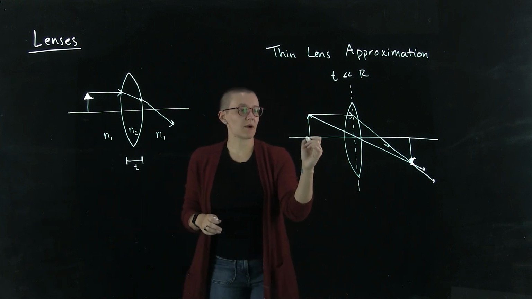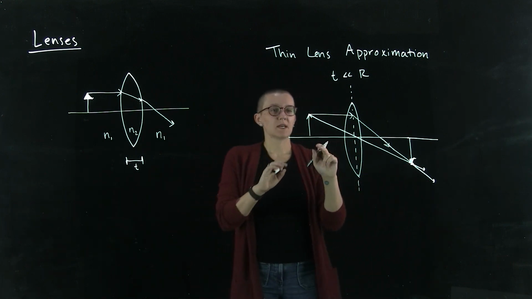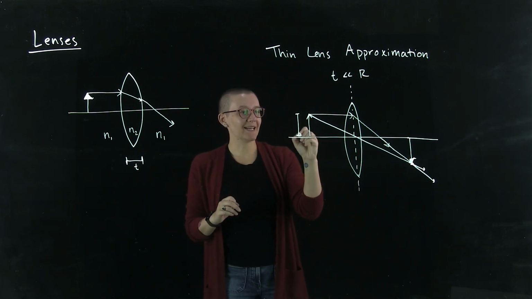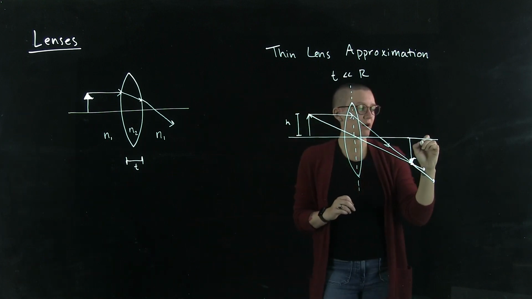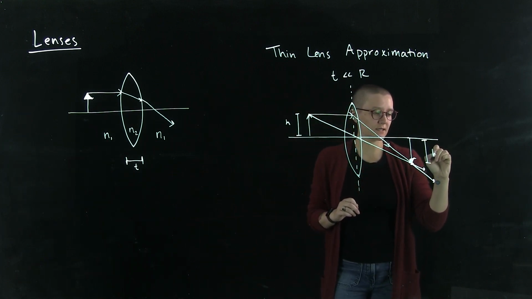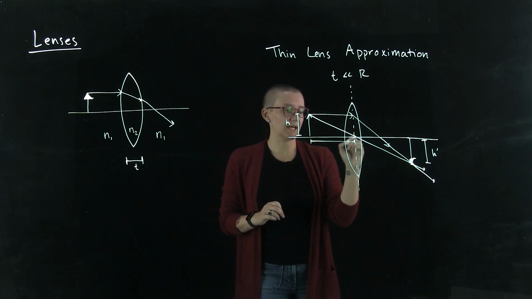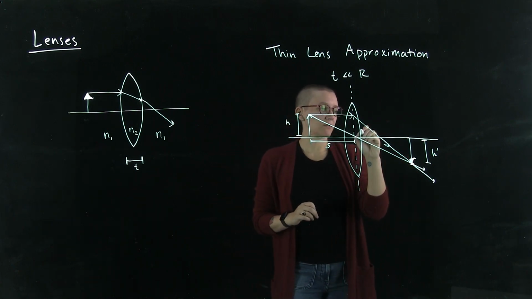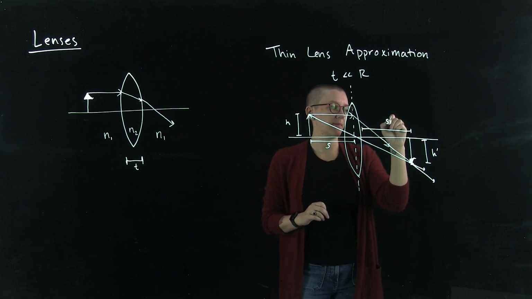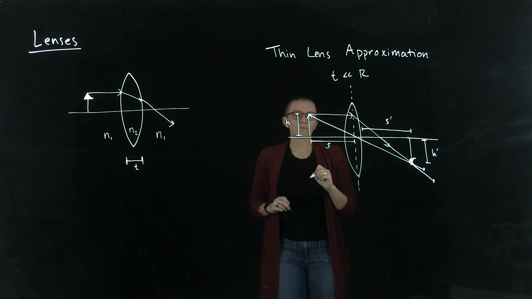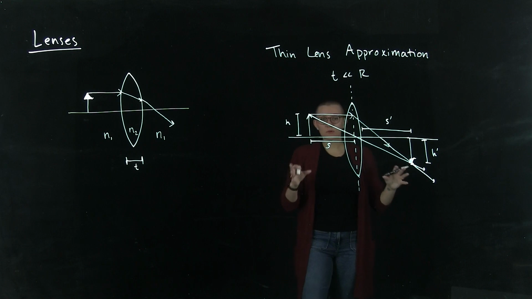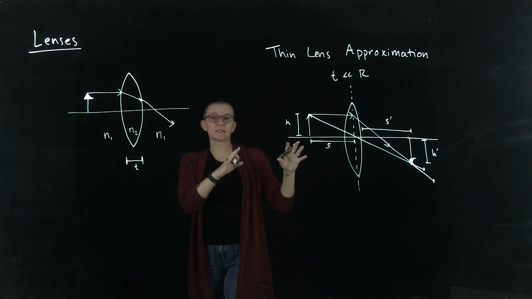So remember, this is our object, this is our image. Now this object has some height h. Our image has some height, we'll call it h prime. The object has a distance s, and so does the image have a distance, s prime. So this is our general setup when we're talking about lenses and ray diagrams.